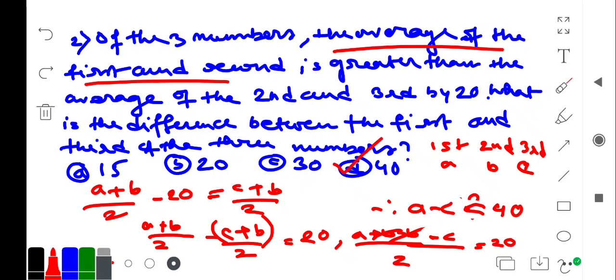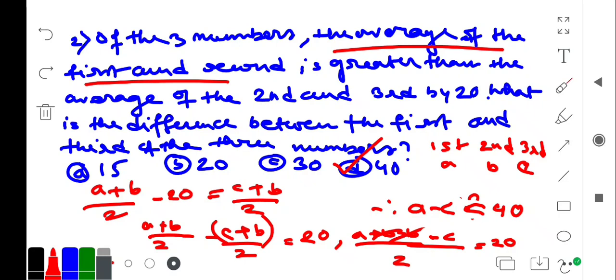Okay. So there is given the average of the first and second. If we let first be A, second B and third C, then A plus B by 2 must be the average of first and second, and it must be greater than the average of the second and third by 20. The second and third average is C plus B by 2.